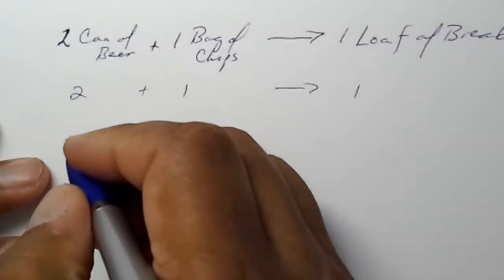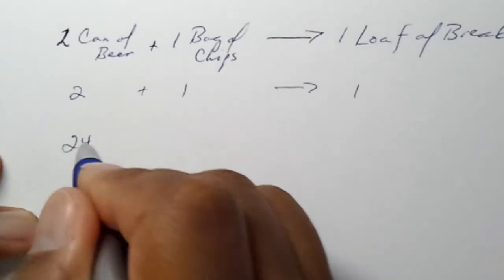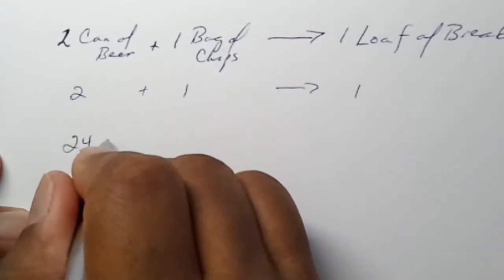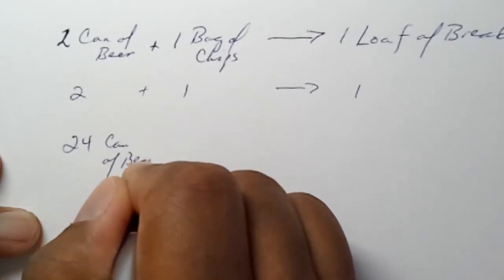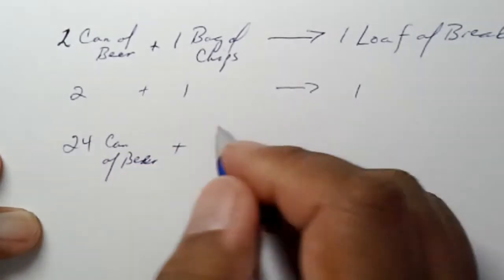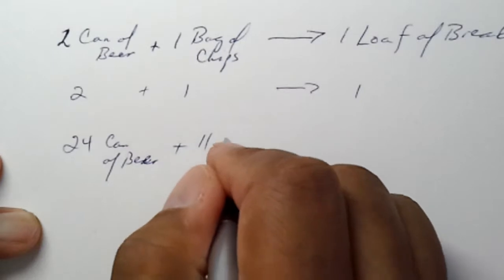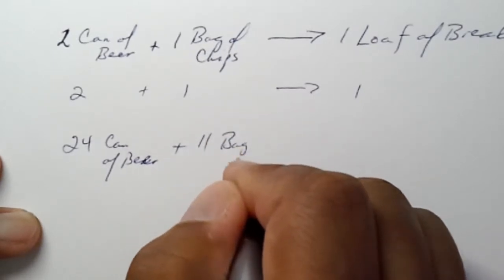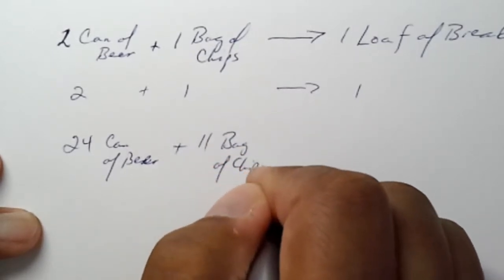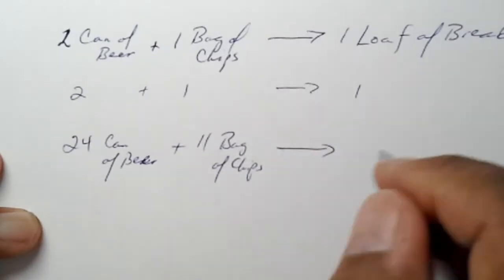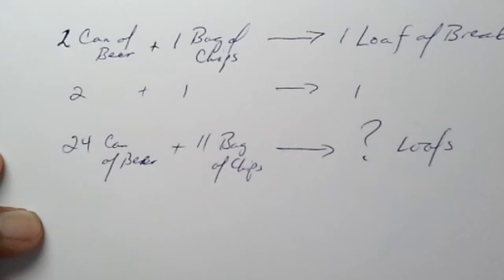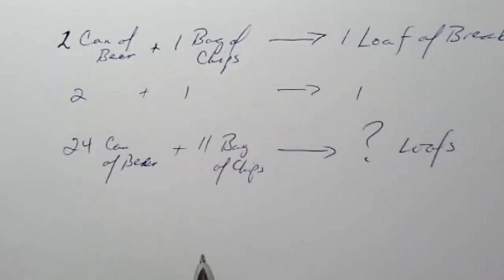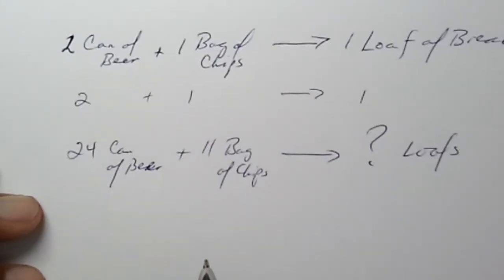Now if I had 24 cans of beer, and I had 11 bags of chips, how many loaves of bread can I make? Alright, you can intuitively figure this out.